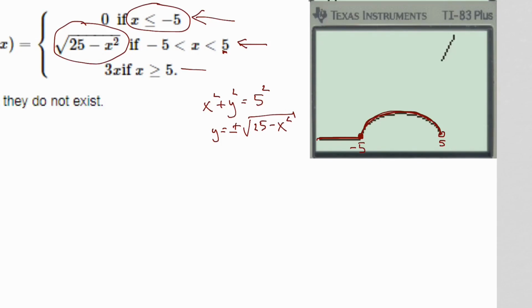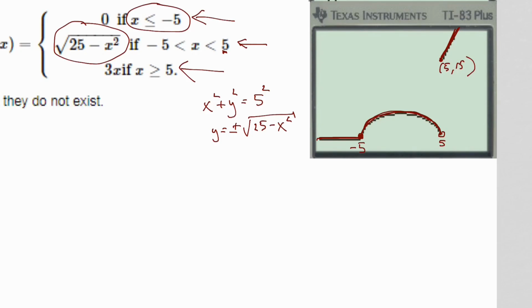+5, you can see from this last part of the function, gets mapped to 3x. So +5 gets mapped to 15. So this point is the ordered pair 5, 15. So f of 5 is 15, and then for all values of x larger than +5, they're mapped to that part of the graph.